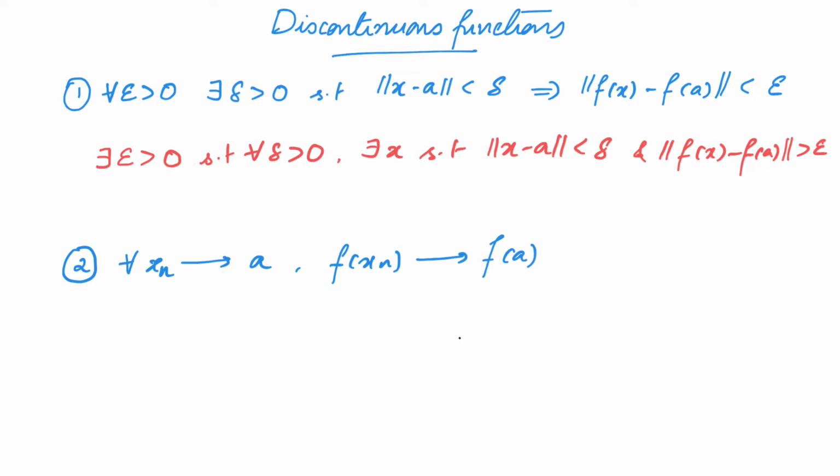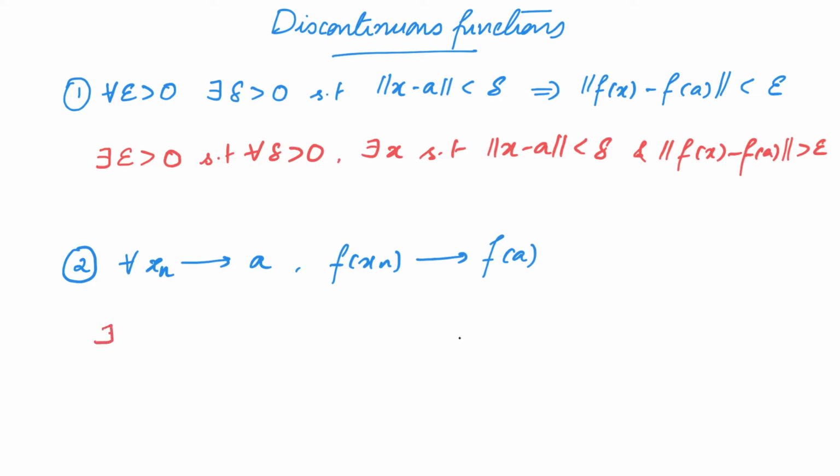Let us now try to negate the sequential criterion. The sequential criterion states that every sequence that converges to A satisfies some condition. So its negation would say that there exists a sequence converging to A which does not satisfy the condition.